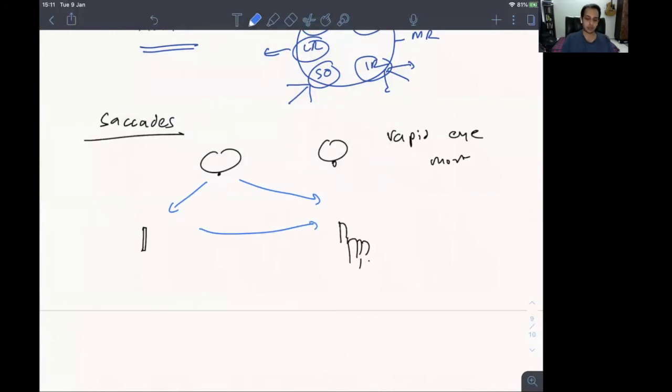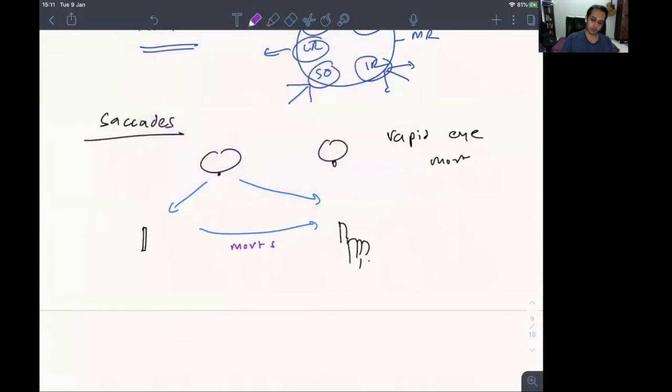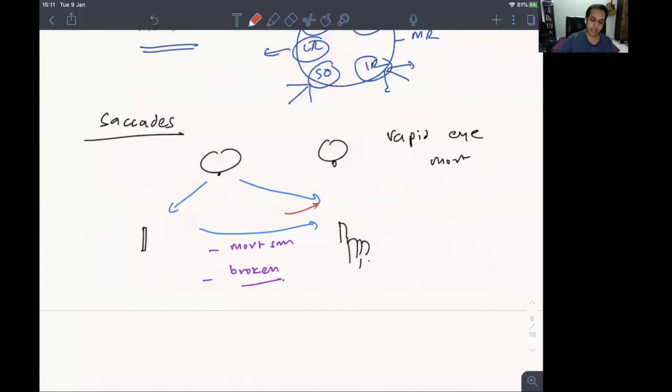And what you want to see is, was that movement smooth or did it break in the middle? Did it stop exactly at the right place, or did it overshoot? Or did it undershoot? So did it stop here, or did it go till here? Or did it stop exactly where it is supposed to?